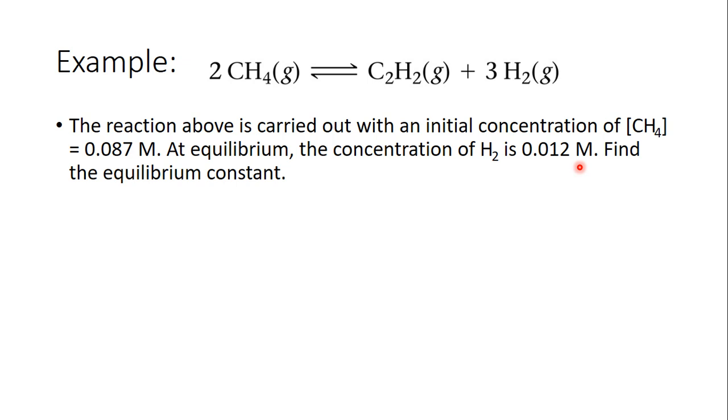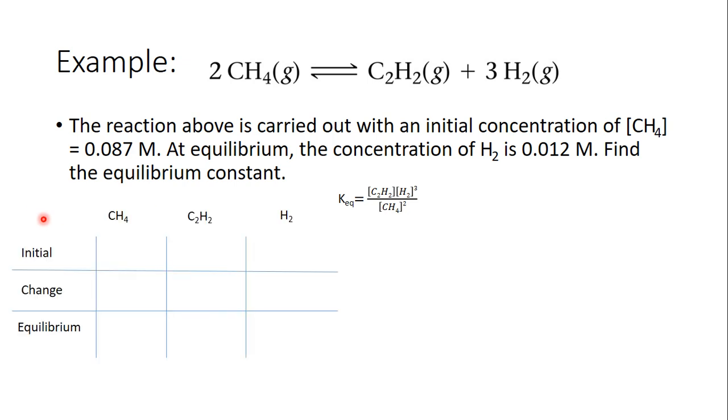We need to find K. Now in a problem like this, if I only give you your initial concentration for your reactants, assume your products are 0. To solve this, we first need to get Keq. Keq is just products over reactants, raised to the power of their stoichiometric coefficients. So C2H2 multiplied by H2 raised to the power of 3, divided by CH4 raised to the power of 2.